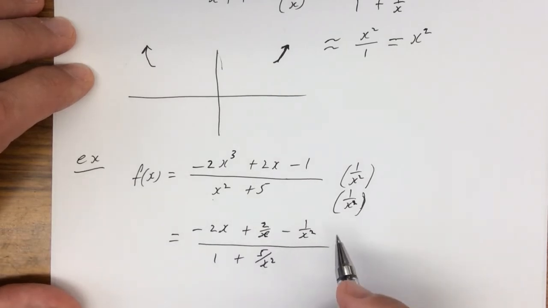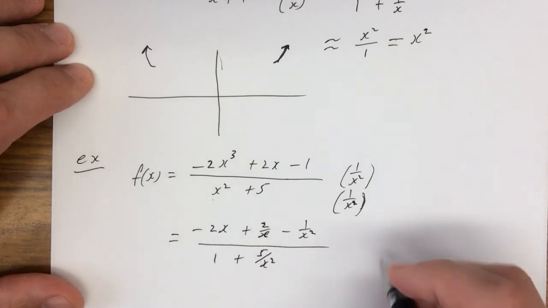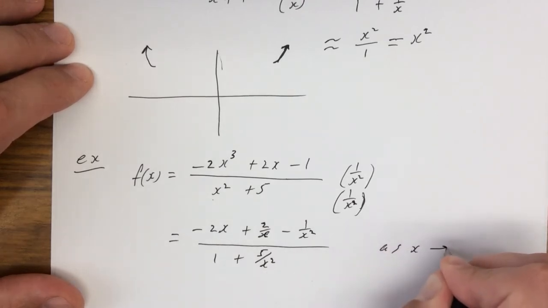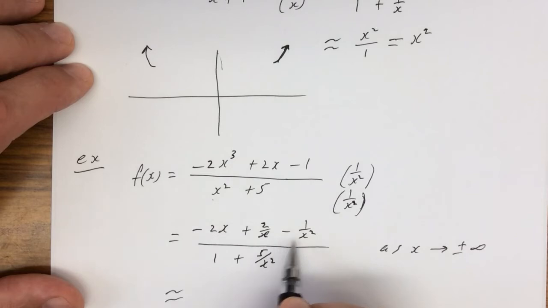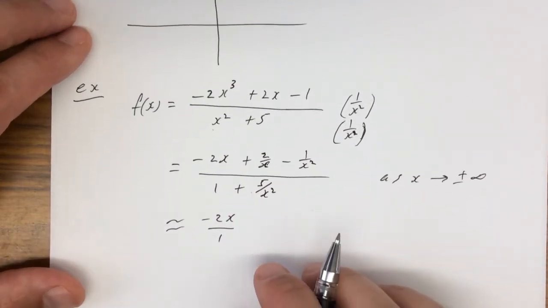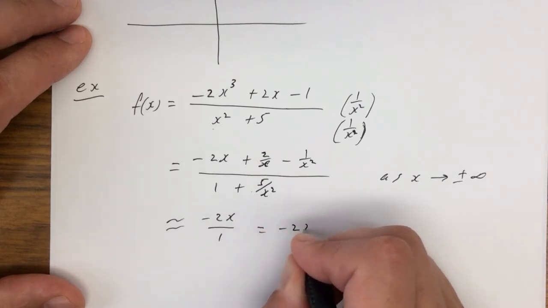And hopefully you see what's happening here. The bottom, you'll get a constant here, and then plus 0 basically. And then as x goes to plus or minus infinity, this is approximately equal to, well, this goes to 0, this goes to 0, this goes to 0. So it's just going to be negative 2x over 1. Okay? And we know what this is. This is basically negative 2x.